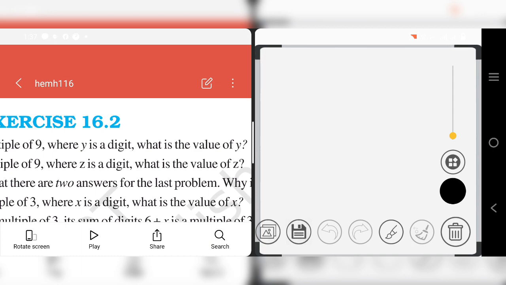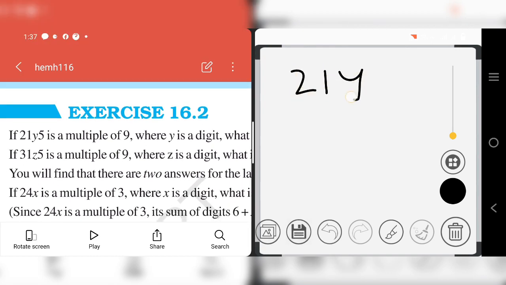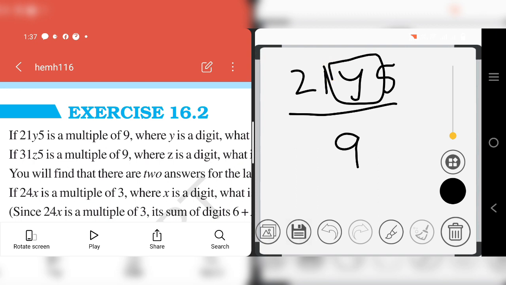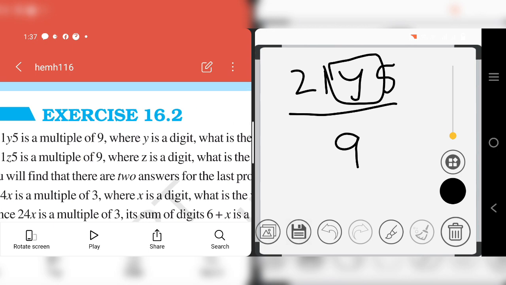So the divisibility rule for 9 is, if the sum of the digits is divisible by 9. So 21y5 is a multiple of 9. Here y is a digit, it is a number. What is the value of y?